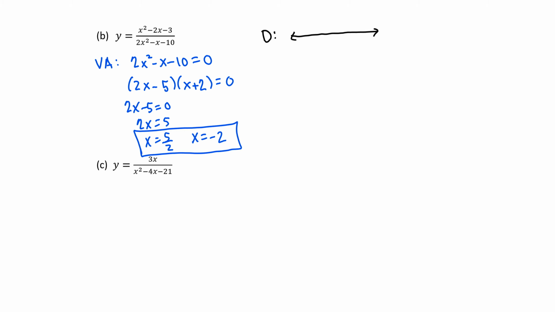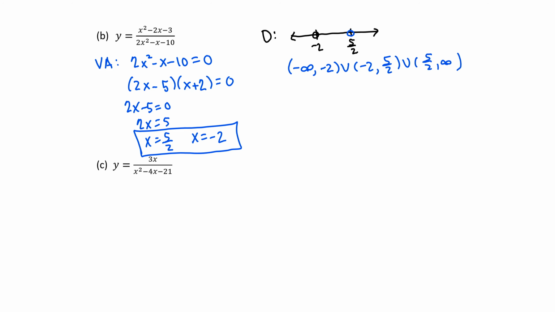Notice whenever we find the domain, it's really important that we get these numbers in order from left to right. So I'm going to use the number line kind of as a guide here, and I'm going to identify the 3 intervals as divided up by those restricted values. So the domain would be from -infinity to -2, -2 to 5/2, and 5/2 to infinity.